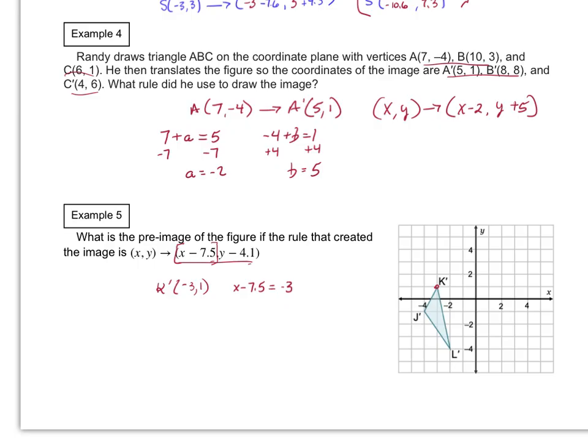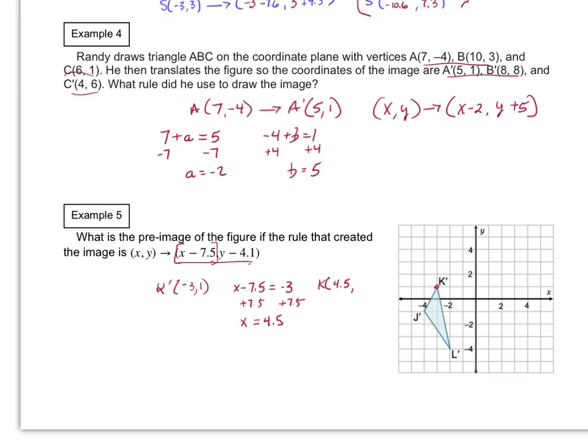And that would tell me what my original x was, which is plus 7.5 on both sides. So the original x value location was 4.5.